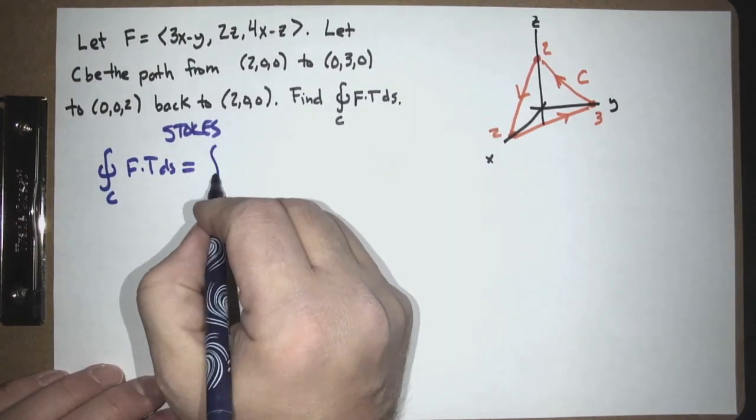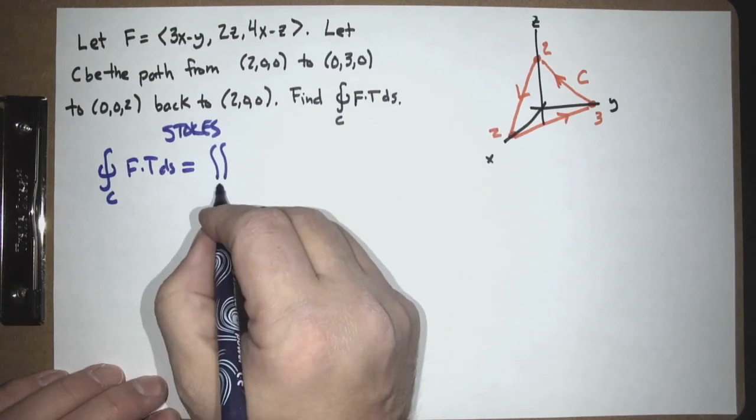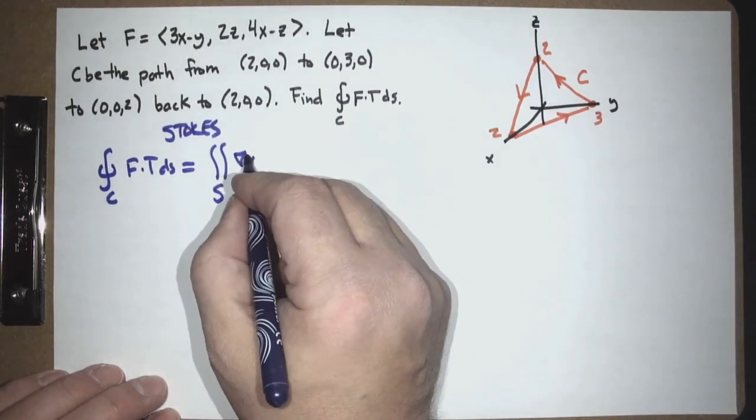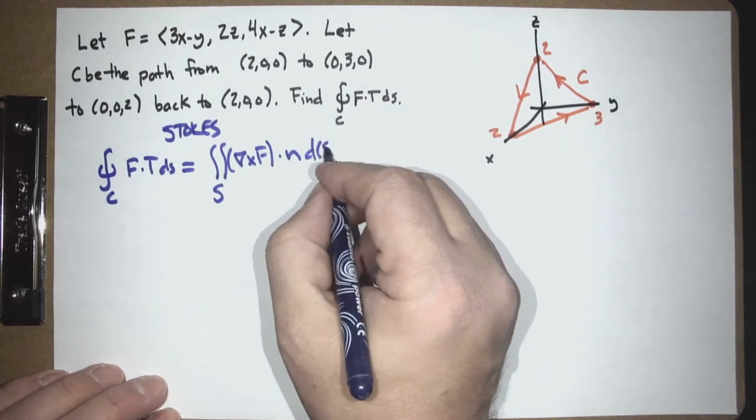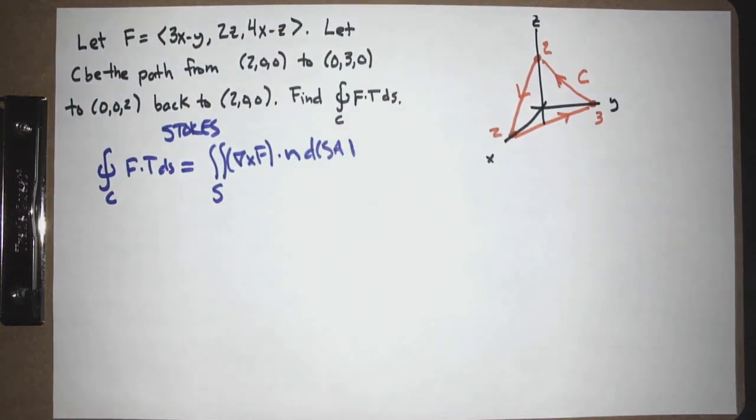This is equal to the integral over some surface S, curl of F dot n dS. Now, we have the same problem as before. There's not a surface here. So what do? We bring one. Which surface do we pick?